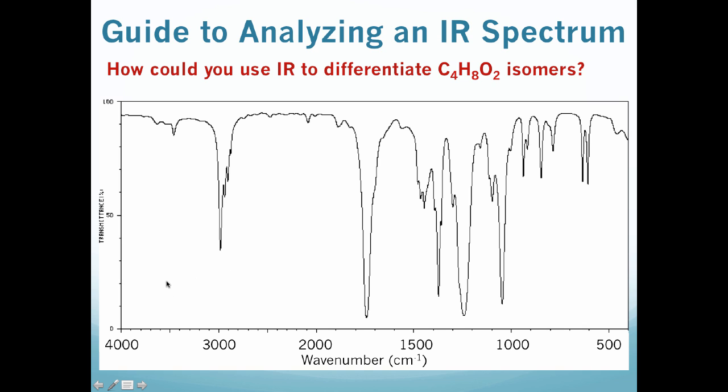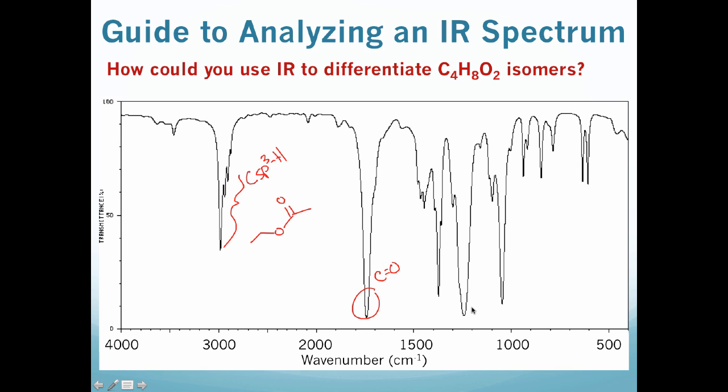In this first one, the first thing you should see is that there's no OH stretch. So most likely this corresponds to the ethyl acetate, because this compound wouldn't have an OH stretch. But what we do see is the carbonyl, and some C sp3 H stretches.